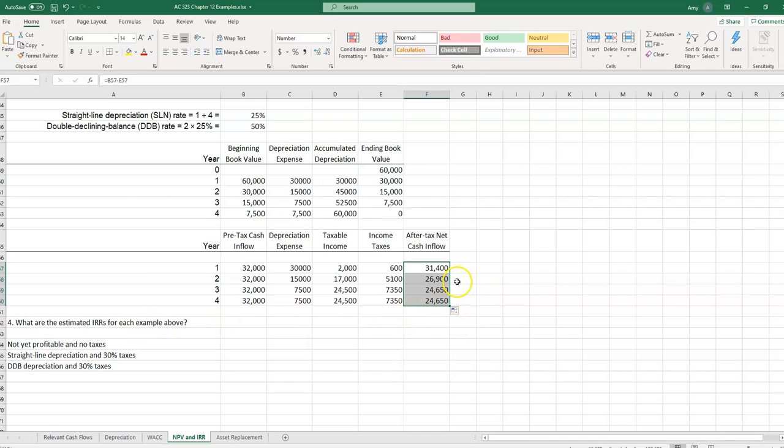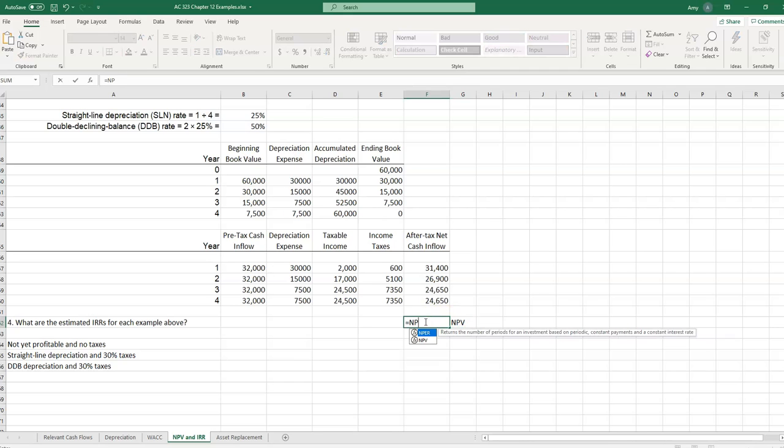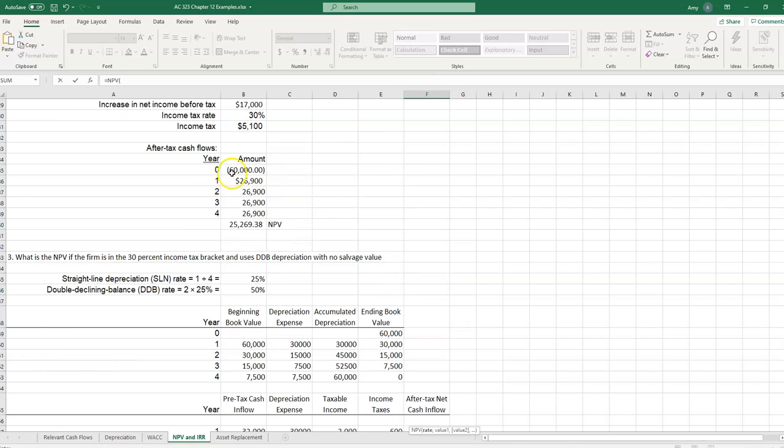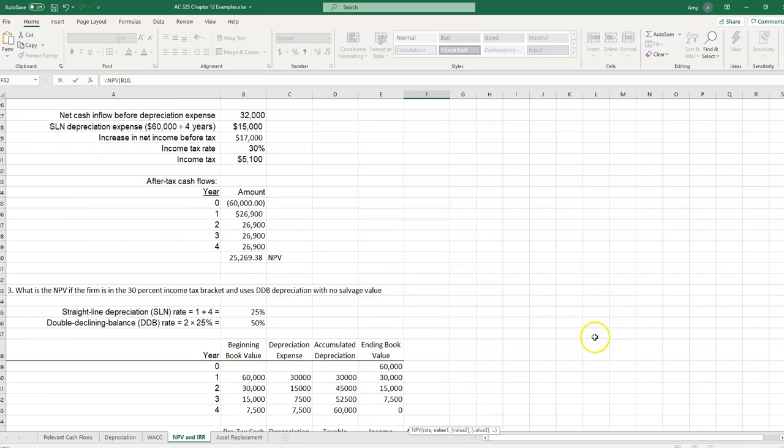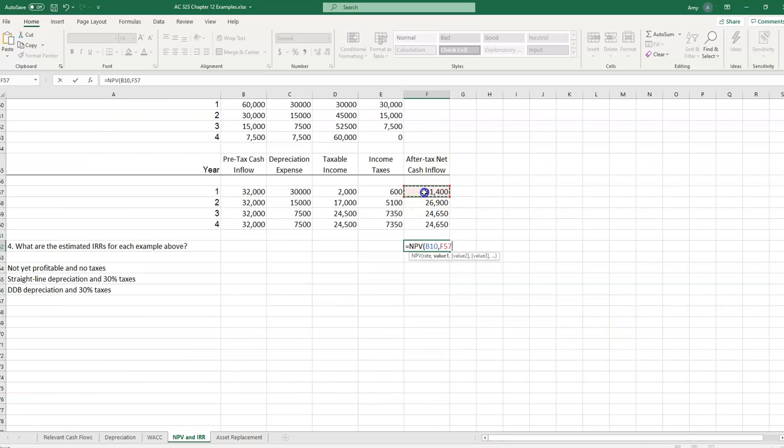So what is the net present value in this situation? Well, we have equals net present value. Our rate is 10% from up here. Our cash flows for years 1 through 4.